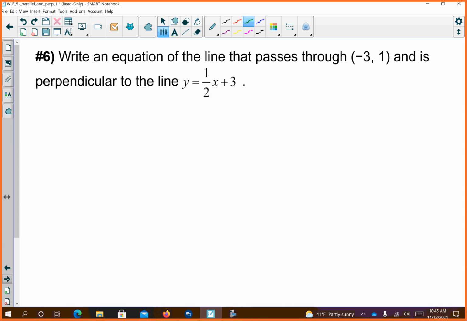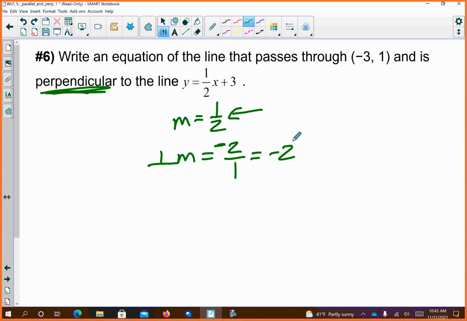Okay? So we move here. Write an equation of a line that passes through the point negative 3, 1, and is perpendicular to this line. So the slope of this line is 1/2. So what does the perpendicular slope have to be? What's the reciprocal of 1 over 2? 2 over 1. What's the opposite of positive? Negative. So this has a slope of negative 2.